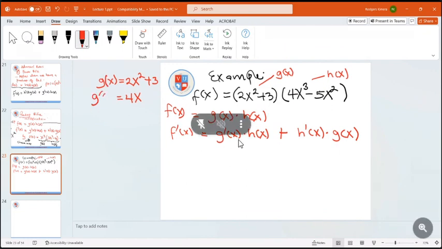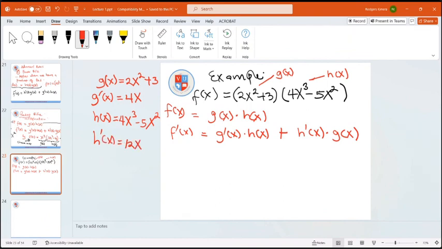We are saying g prime is 4x. Then let h of x be this: if my h of x is 4x cubed minus 5x squared, then I can get h prime x to be 12x squared minus 10x.